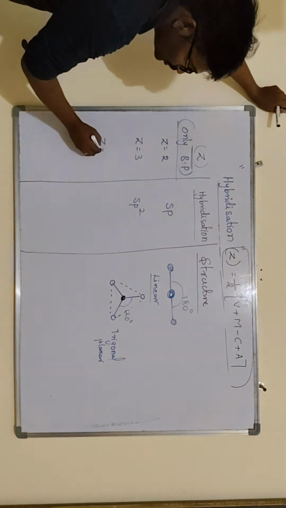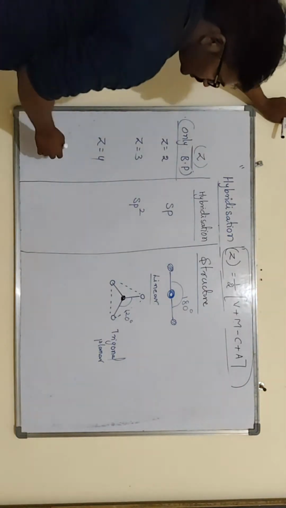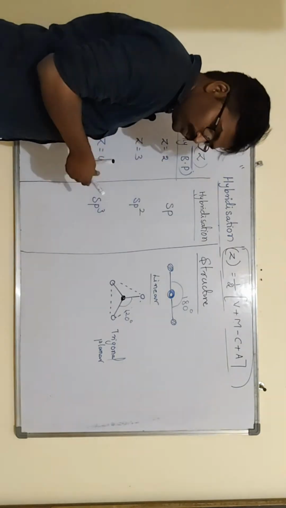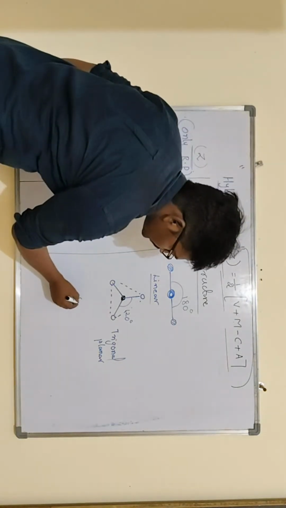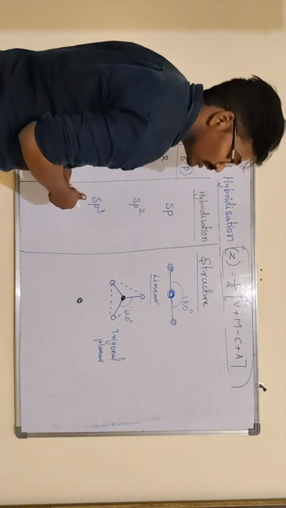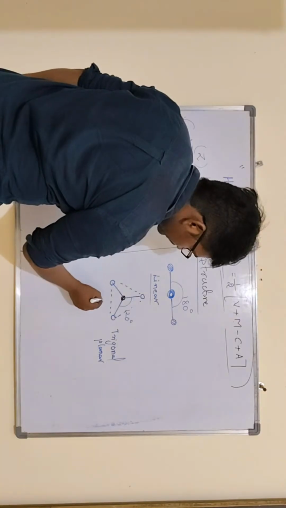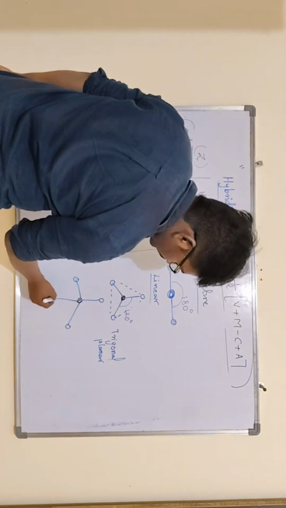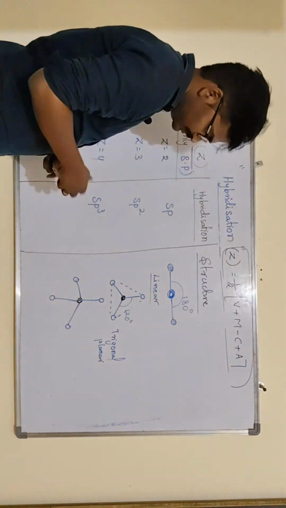Then Z value equals to 4. sp3 hybridization. So just assume it, the central atom is this. Surrounding atoms are 1, then 2, then 3, then 4, like this.